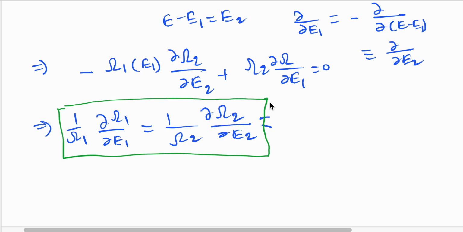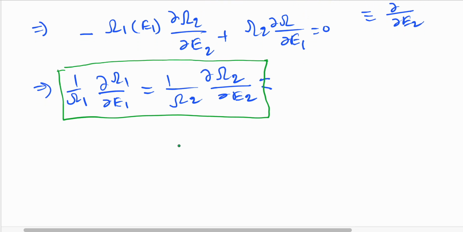Mathematics tells us that since this is only a function of E1 and this is only a function of E2, to hold the equality these two quantities should be a constant.